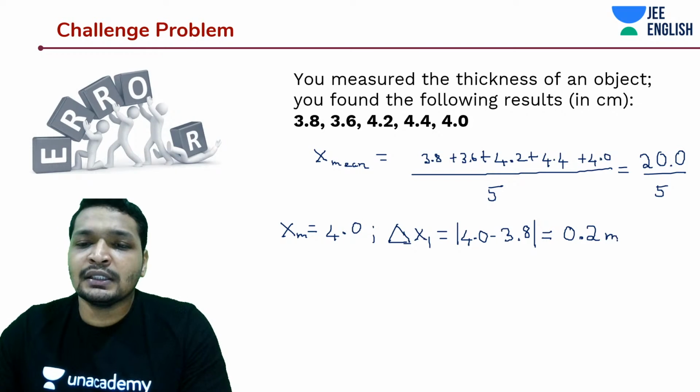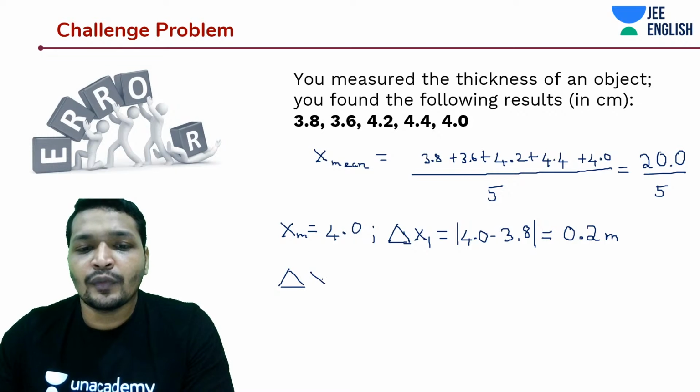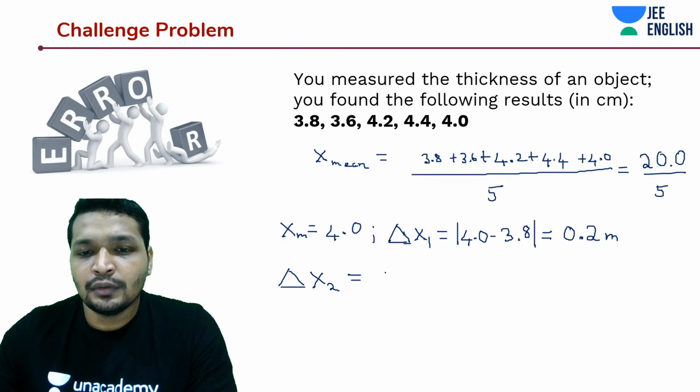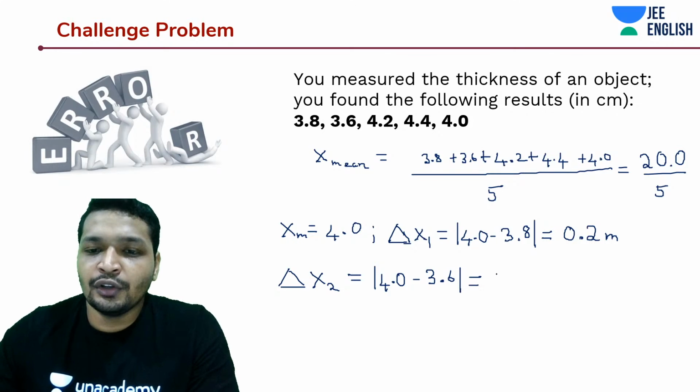At least you'll memorize these things, like it should be written this way. And how about delta x2? 4.0 minus 3.6, going to be 0.4 meters.